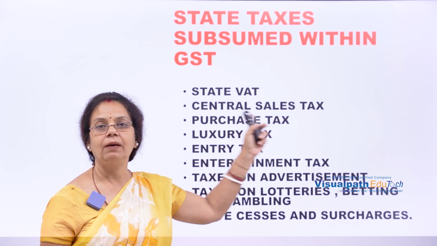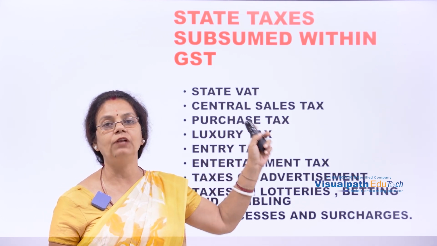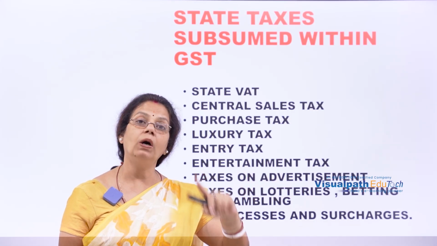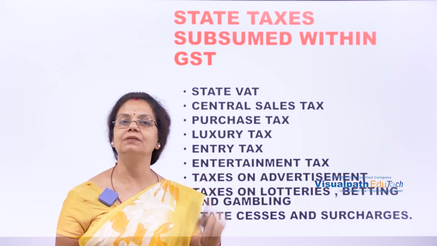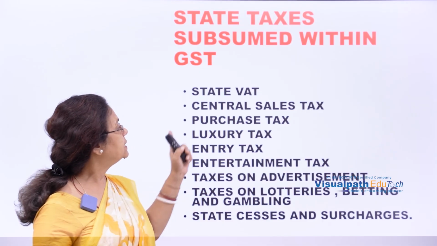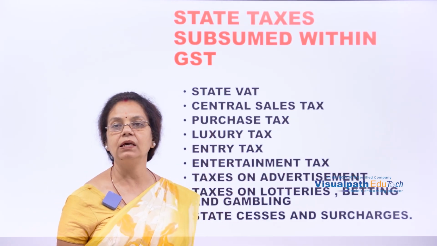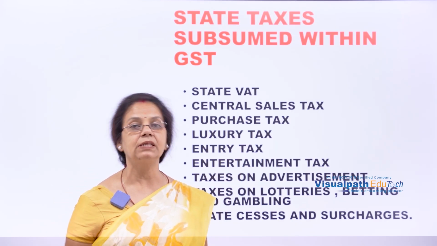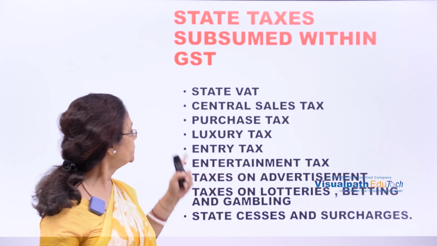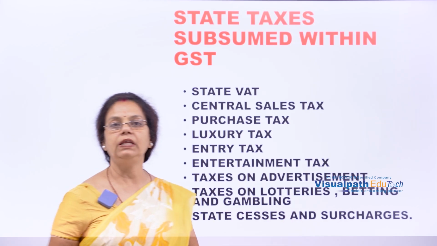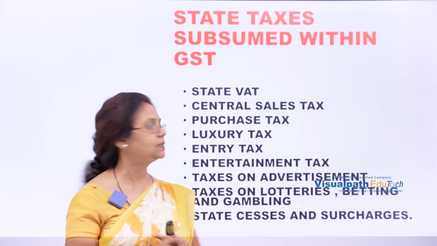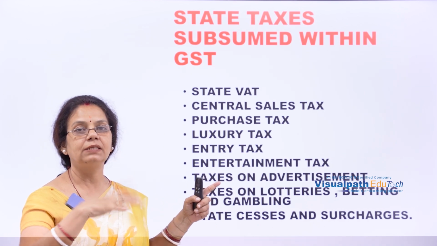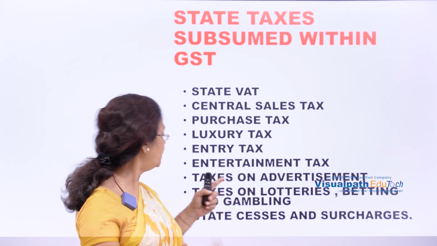One is state VAT, value added tax, which was imposed on the goods and services produced. Next, central sales tax. At the time of selling commodities, there was a tax. Purchase tax, again at the time of purchase, a separate tax was there. Luxury tax, in case of any luxurious commodities, we need to pay the tax. Entry tax, in case of entry and exit, there are certain taxes, import, export, separately.